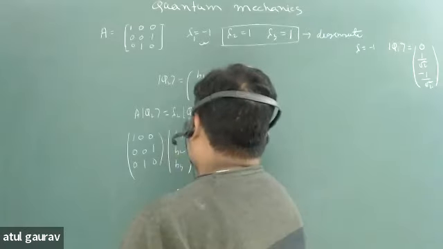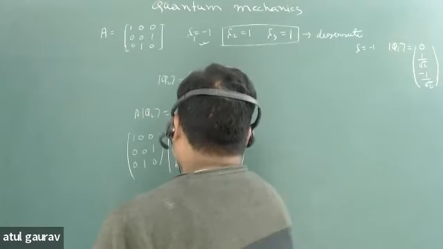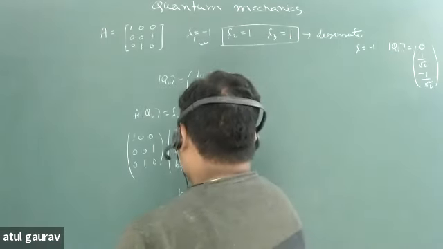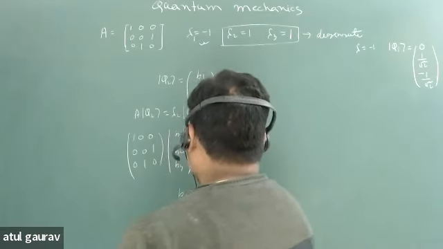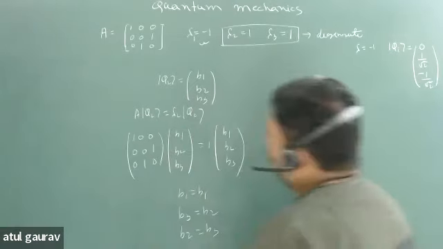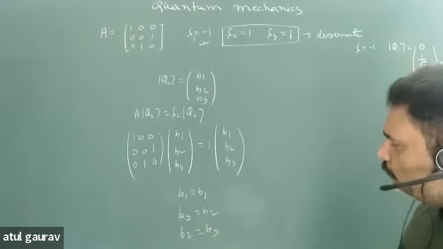From here B1 is equal to B1, and B3 is equal to B2, and B2 is equal to B3. Everyone is comfortable?